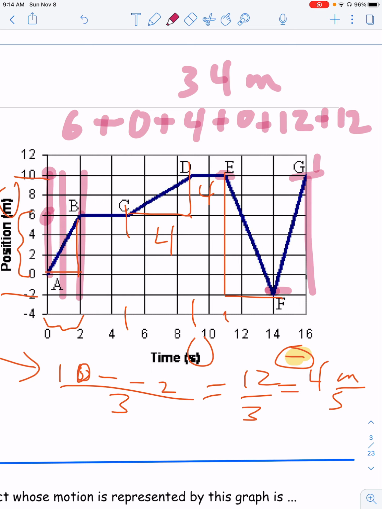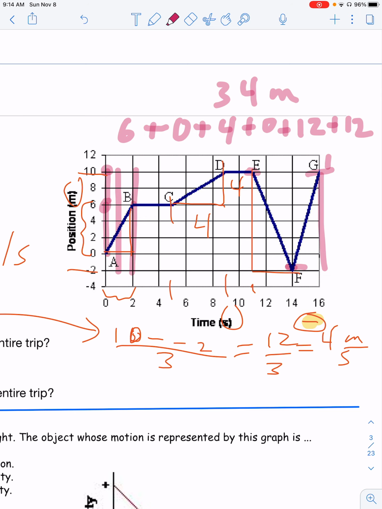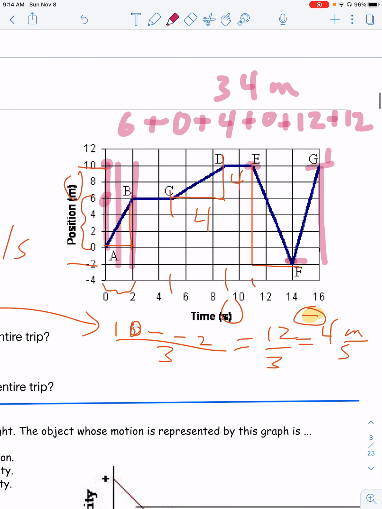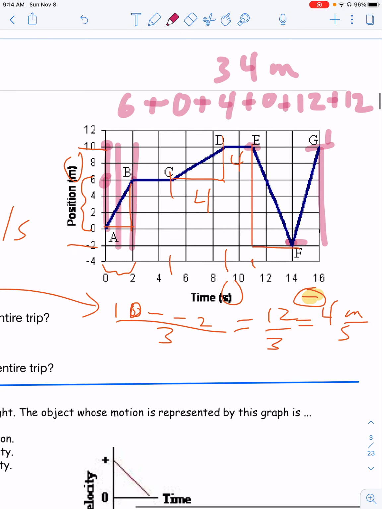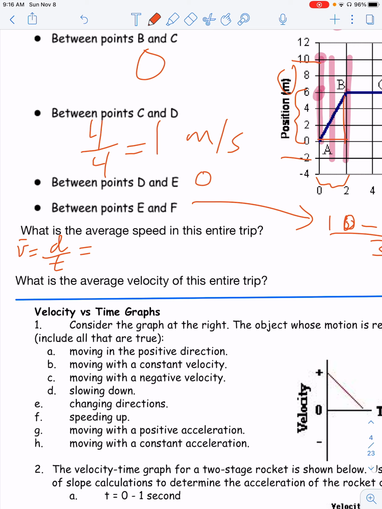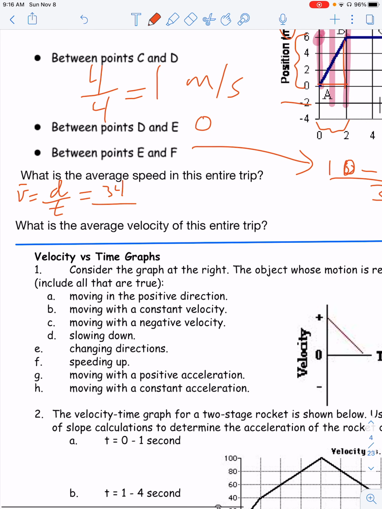The total distance you travel was 34 meters. So my speed is 34 over the total time, which looks like 16. So you can calculate that out, meters per second.